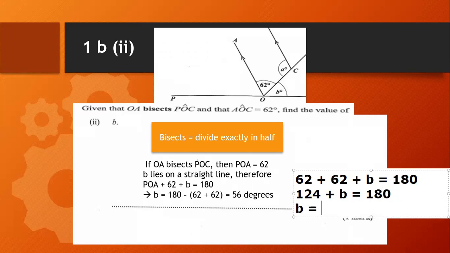Then B is equal to 180 minus 124. And what's 180 minus 124? That will give me 56 degrees, which is the same as here. So either method is fine. Take 1 minute and absorb that, and then we'll be right back.